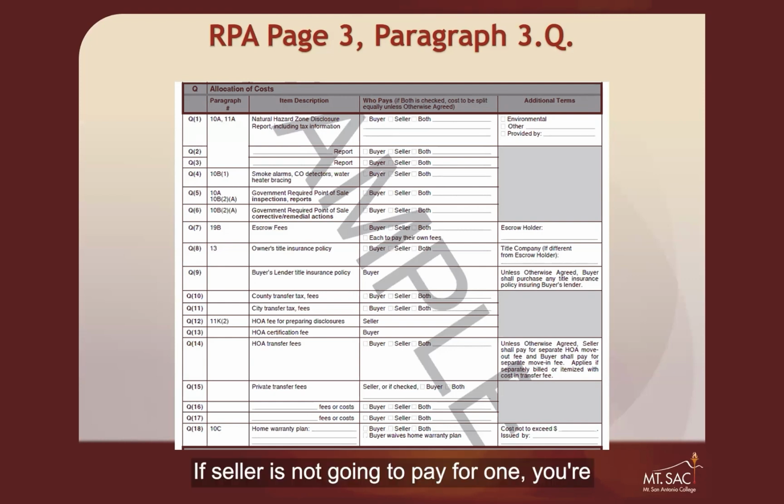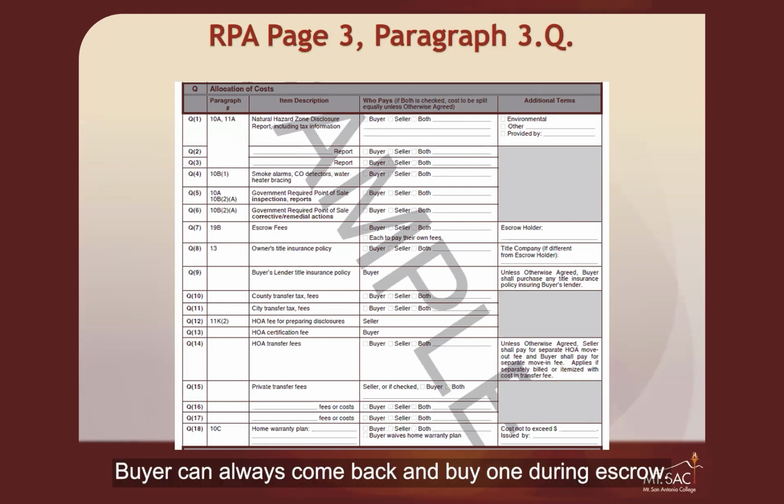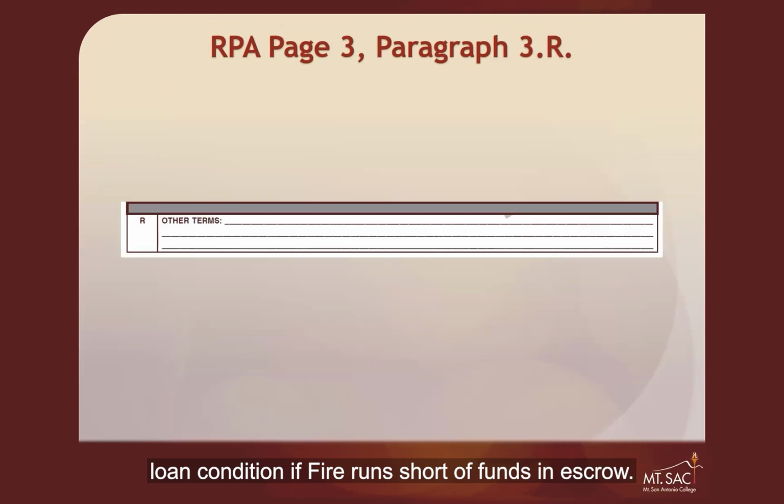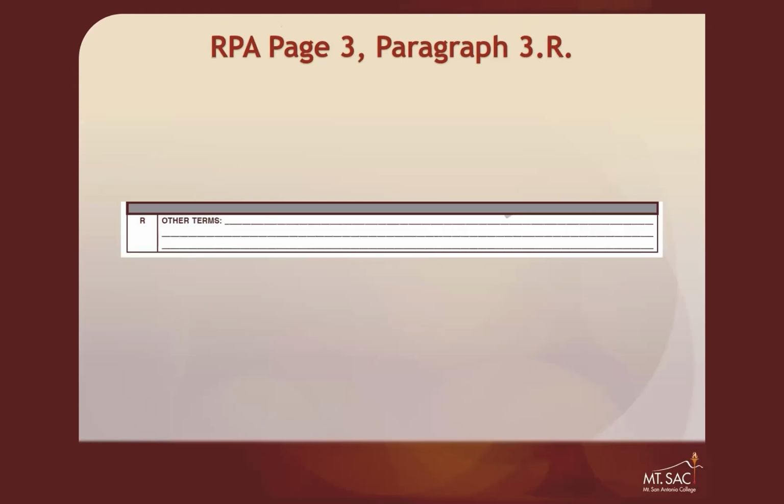If seller is not going to pay for one, you're not going to ask seller to pay for it. I recommend checking the box at the bottom. Buyer waives it. Buyer can always come back and buy one during escrow. But again, I don't want to see buyer agreeing to pay for a home warranty plan and then have it show up as a loan condition if buyer runs short of funds in escrow, right?